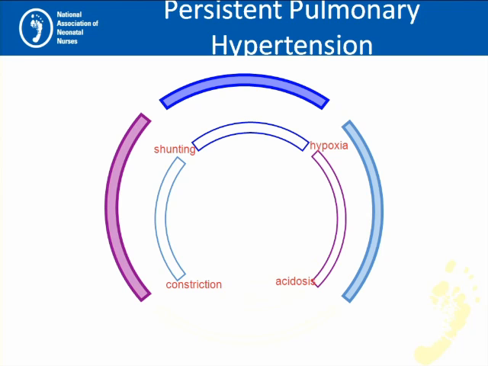Breaking the cycle of persistent pulmonary hypertension: the goal of managing an infant with persistent pulmonary hypertension is to cause pulmonary vasodilation by breaking the cycle of hypoxia and acidosis.